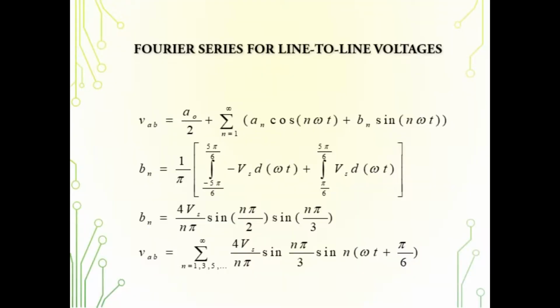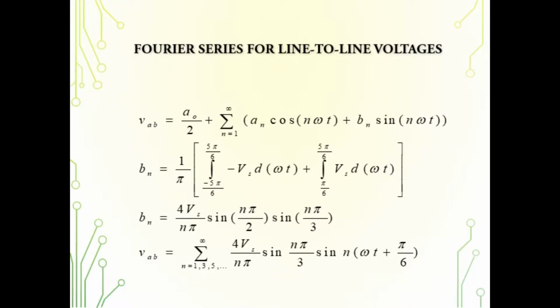These line voltages are expressed in terms of the Fourier series. VAB is given by A0 by 2 plus summation n equal to 1 to infinity of An cos n omega t plus Bn sin n omega t. Here Bn is expressed, and A0 and An will be 0 due to the symmetry of the wave along the x-axis.